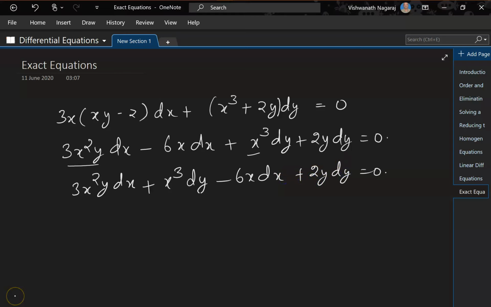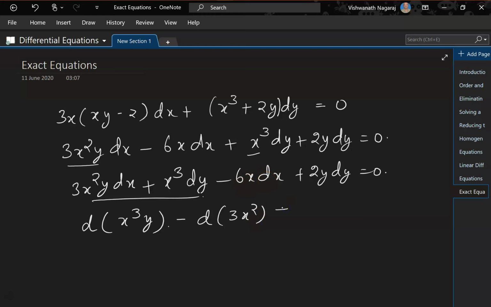Okay, if we differentiate x³y, we get these two, right? 3x²y dx and x³ as it is, then dy. If we differentiate 3x², we get minus 6x.